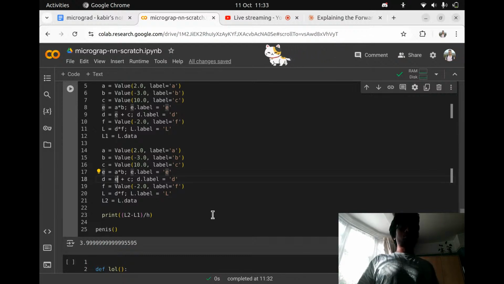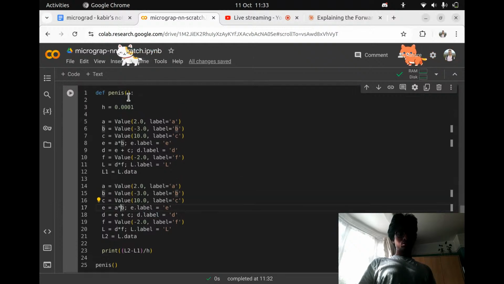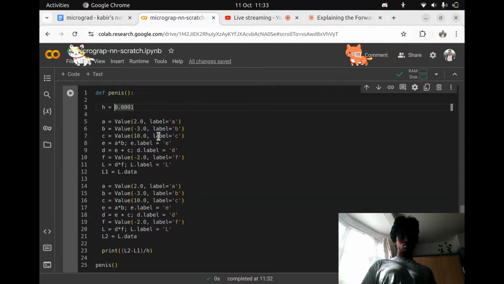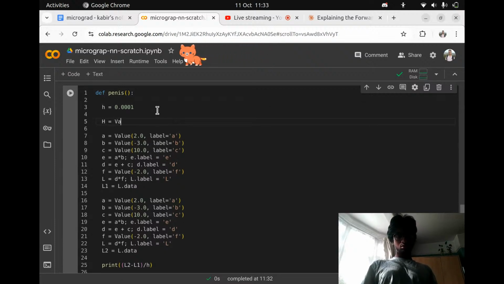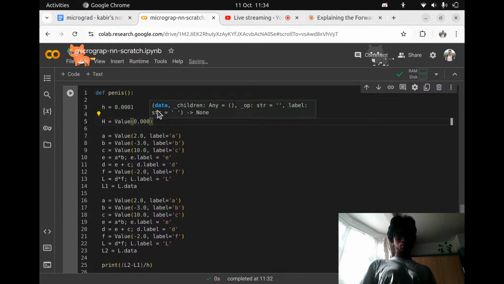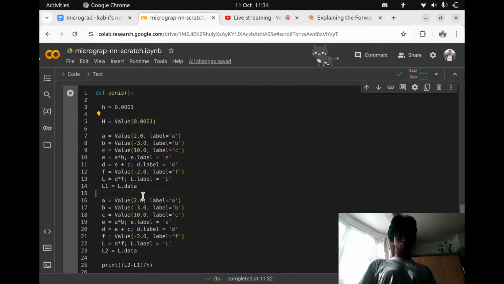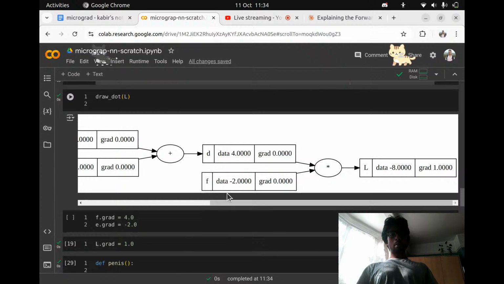Oh, there's some Python bullshit going on. What if you just make H a value object? Bam.